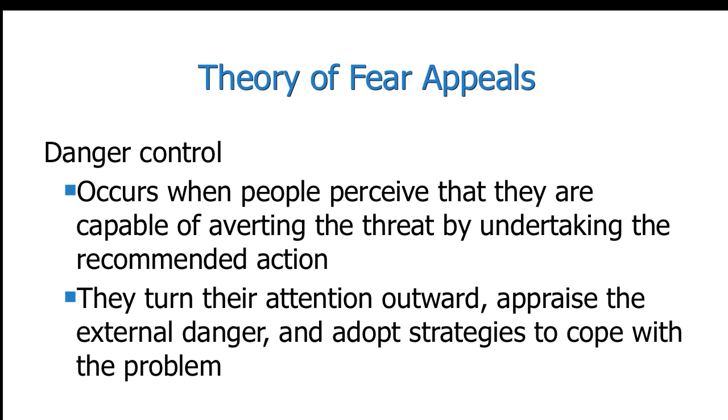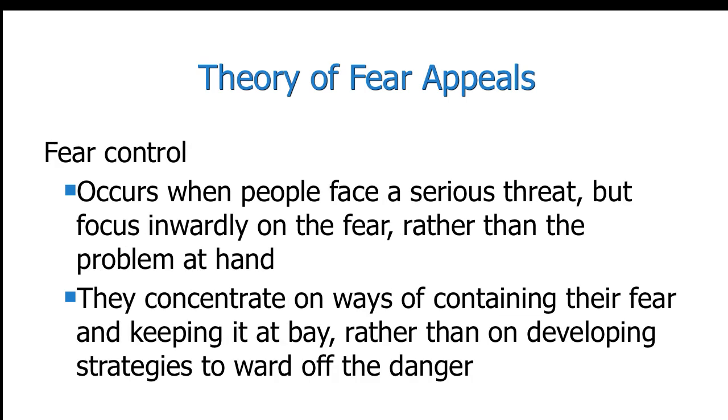They turn their attention outward, appraise the external danger, and adopt strategies to cope with the problem. Fear control occurs when people face a serious threat but focus inwardly on the fear rather than the problem at hand. They concentrate on ways of containing their fear and keeping it at bay, rather than on developing strategies to ward off the danger at hand.